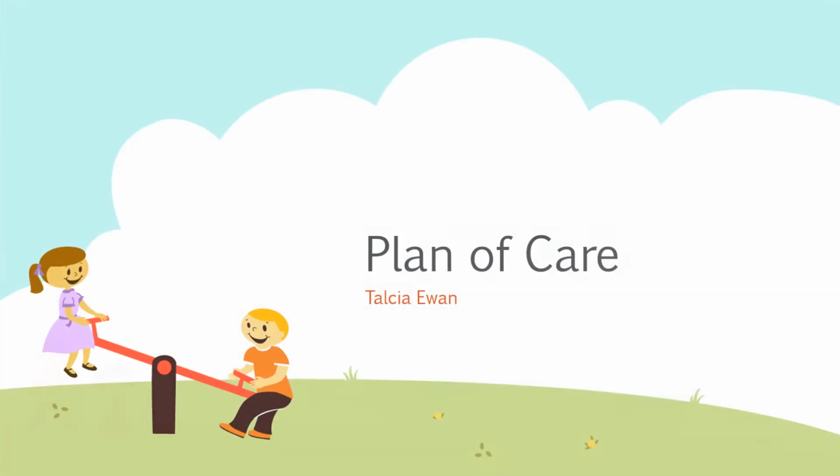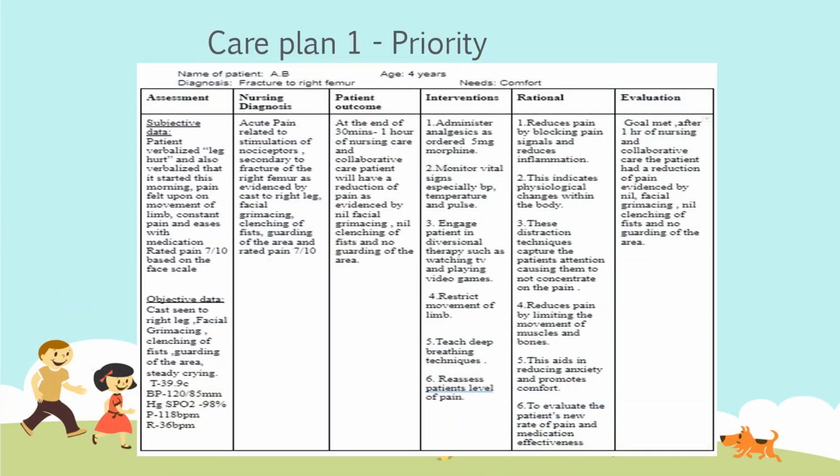Plan of care. So here we have an example of a care plan in regards to pain management. Name of patient: AB, diagnosis: fracture to right femur, age 4 years old, and the data we will be focusing on is comfort. So our priority diagnosis would be acute pain related to stimulation of nociceptors.